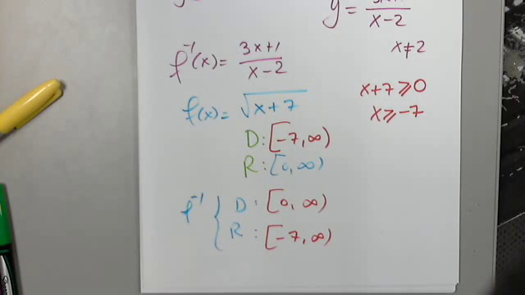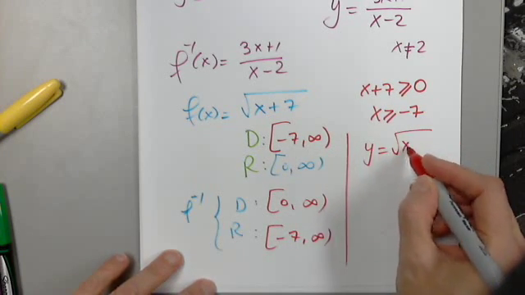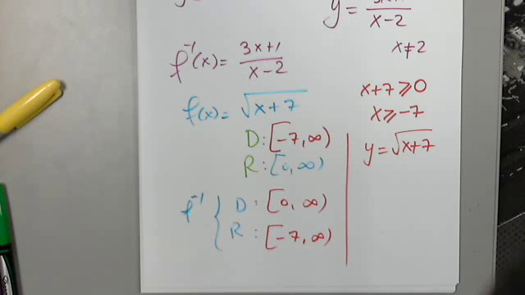So now let's find the inverse. First step, like before, I have to write that y is the square root of x plus 7. But now this is a different type of equation. It's not rational. It's not quadratic. It's not linear. It's not the absolute value. What is it? Once you read it, you will say, it's a radical equation.